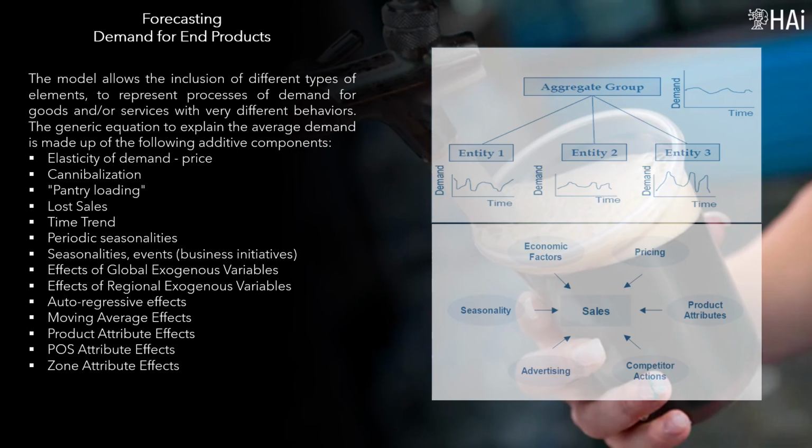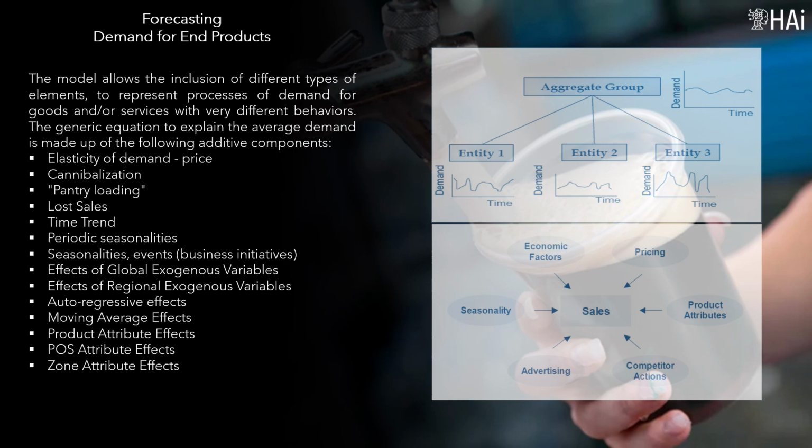Effects included. The model must allow the inclusion of different types of elements, to represent processes of demand for goods and/or services with very different behaviors. In DEM, the generic equation to explain the average demand is made up of the following additive components: elasticity of demand versus price, cannibalization, pantry loading, lost sales, time trend, periodic seasonalities.